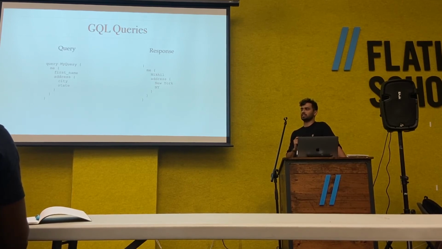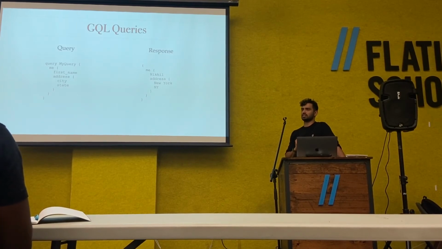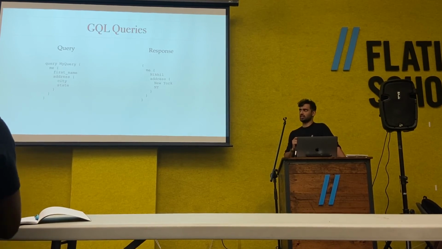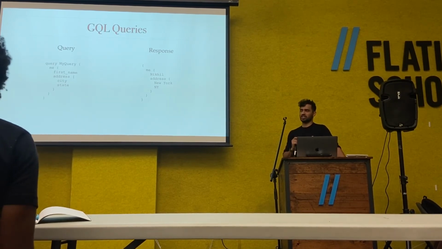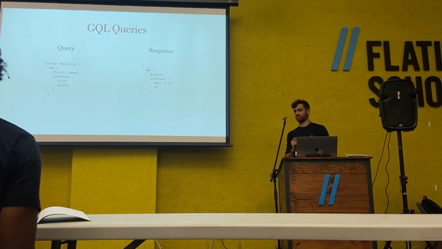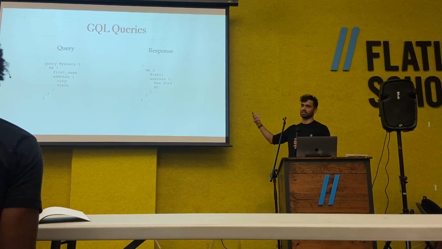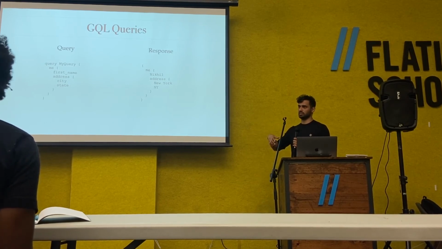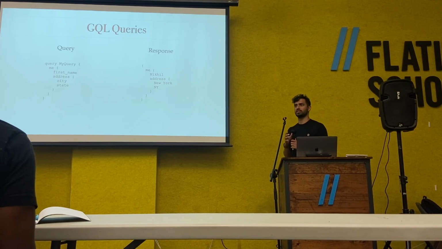The source of truth on the server is that you just write some function that returns a string as your first name. You're basically writing the endpoints, annotating how they should be exposed to GraphQL, and then the GraphQL server has its own transpiler or annotation processors, whatever you want to call it, that will go through, parse everything, and generate the GraphQL type schema from the resolvers that developers write.